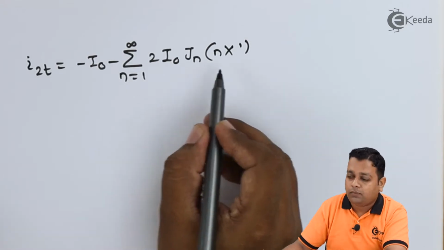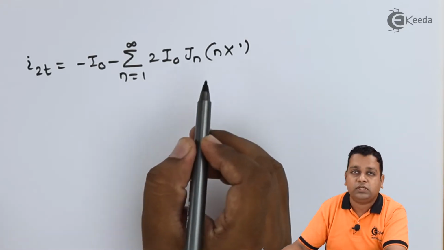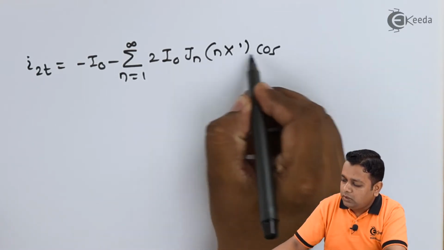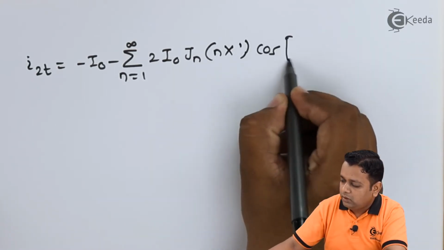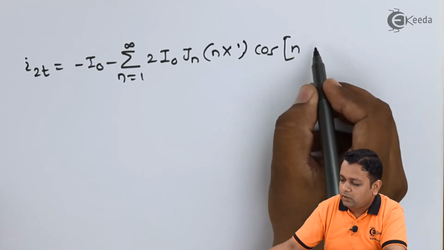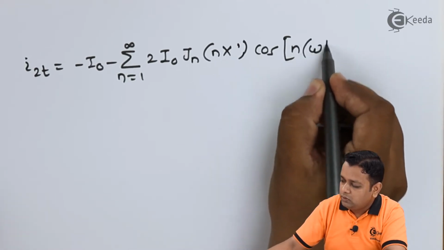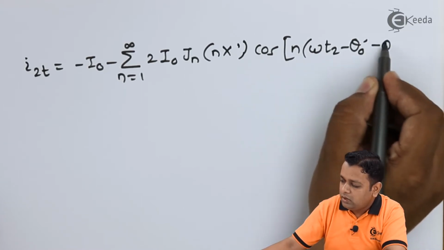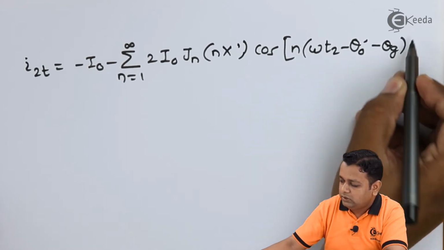Jn of n times x dash denotes the nth order Bessel's function, along with the cosine of the square bracket having n in multiplication to omega t2 minus theta 0 dash minus theta g.